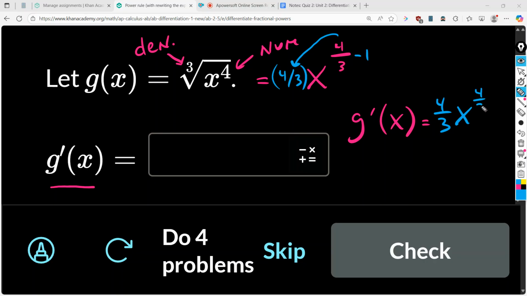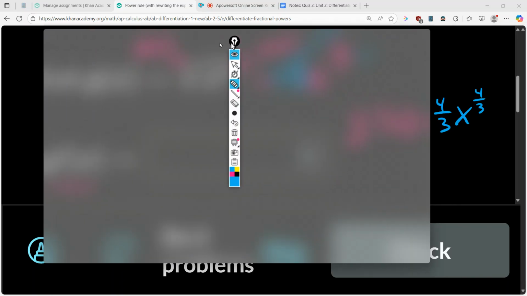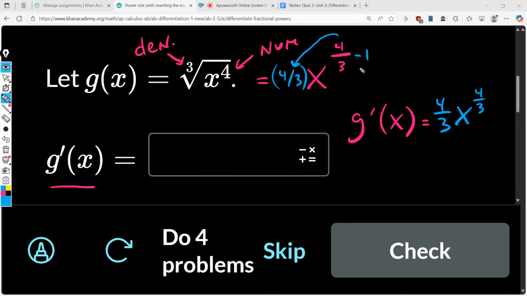You need a common denominator, of course. Minus 1 is the equivalent of minus 3/3. So that's going to be 4/3 times x. 4/3 minus 3/3 is just 1/3. Final answer.